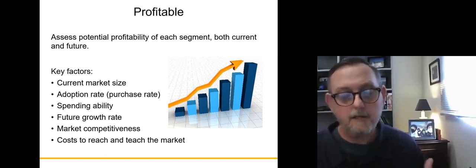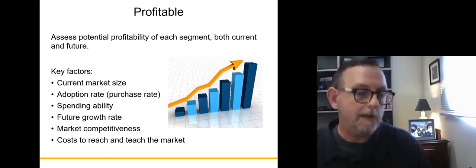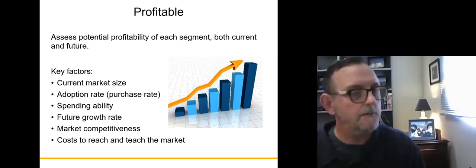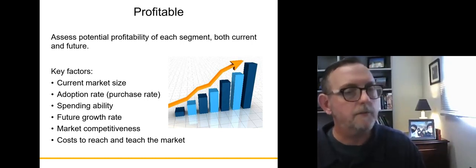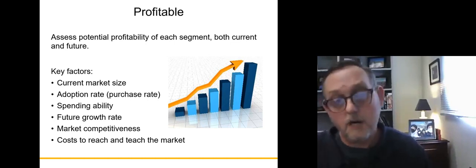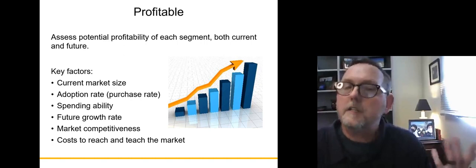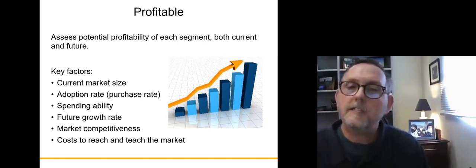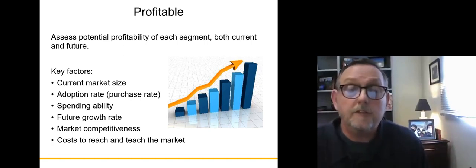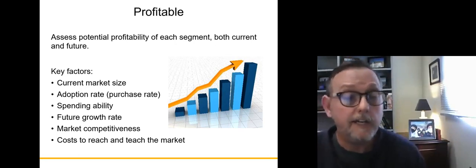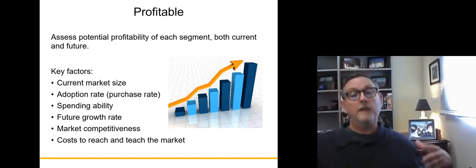Or are you more like a competitive monopolist, where you're maybe the only one around who does your particular product, so you can price a little higher and be more profitable? And then, of course, costs, like I mentioned. Okay, so profitability comes in a lot of different ways, but each market segment is different. You can make more money in some markets than you can in others.